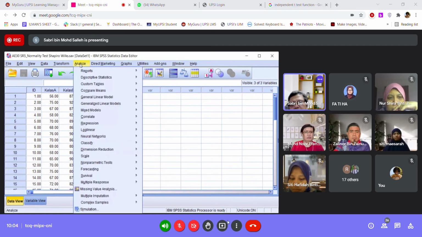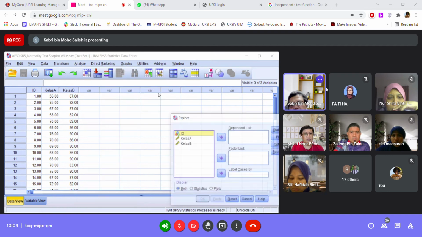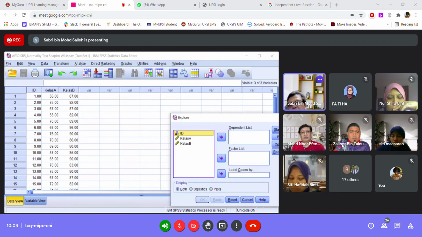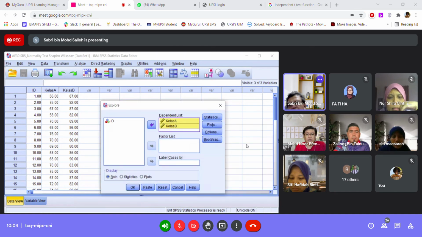Analyze. Descriptive statistics. Explore. Move class A and class B both into the dependent list. Click plots.